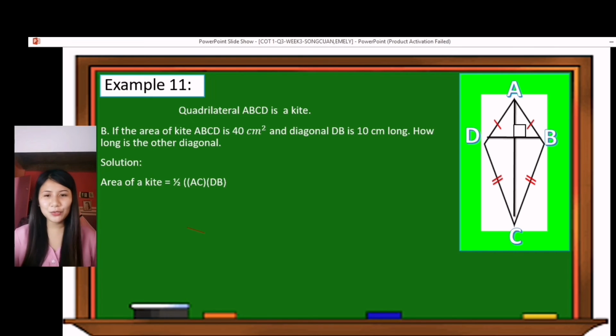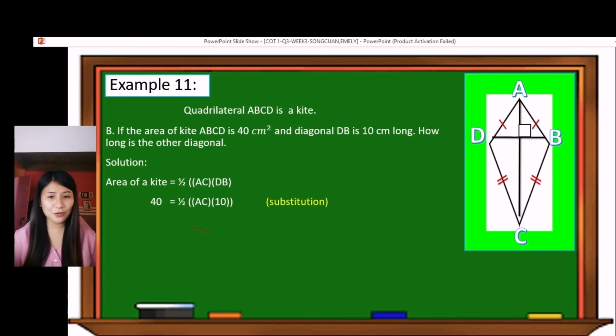Same procedure for getting the area of a kite: 1/2 of the product of the lengths of the two diagonals. Our two diagonals in the given figure are diagonal AC and diagonal DB. Since we have the given area of the kite, which is 40, and the value of diagonal DB is 10 centimeters, just substitute in this equation.